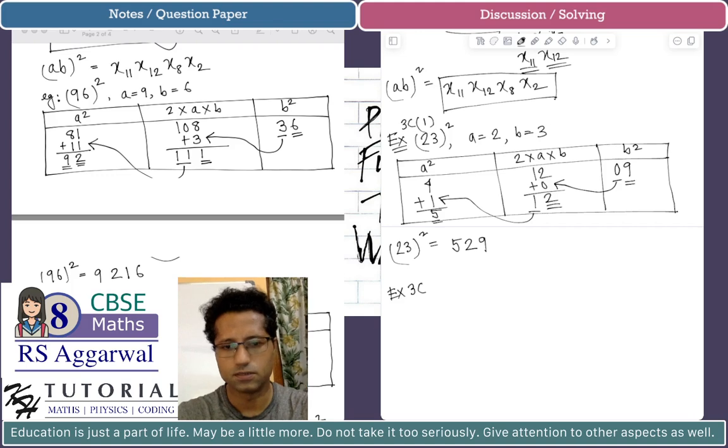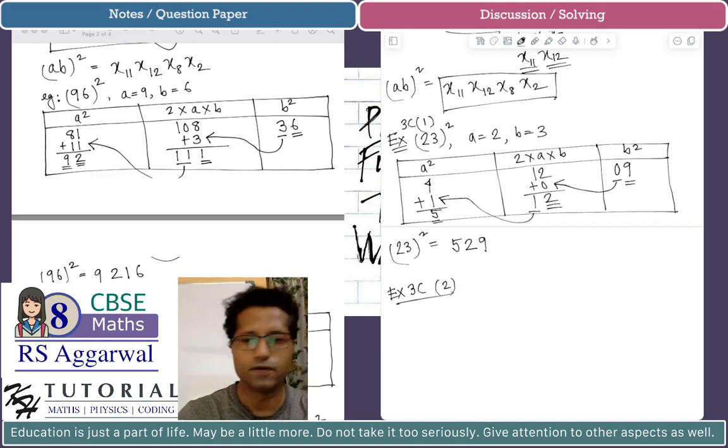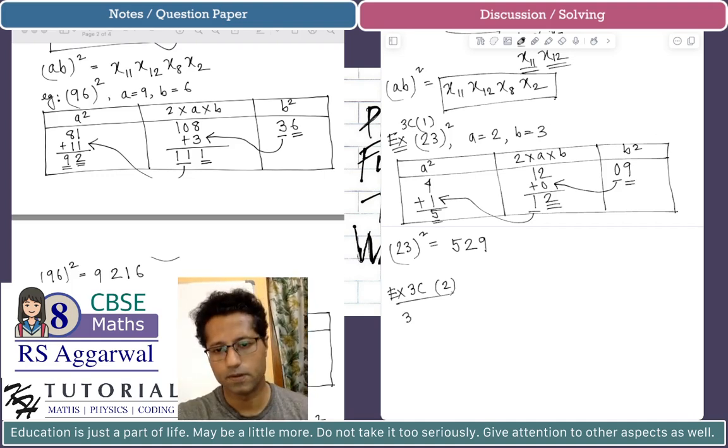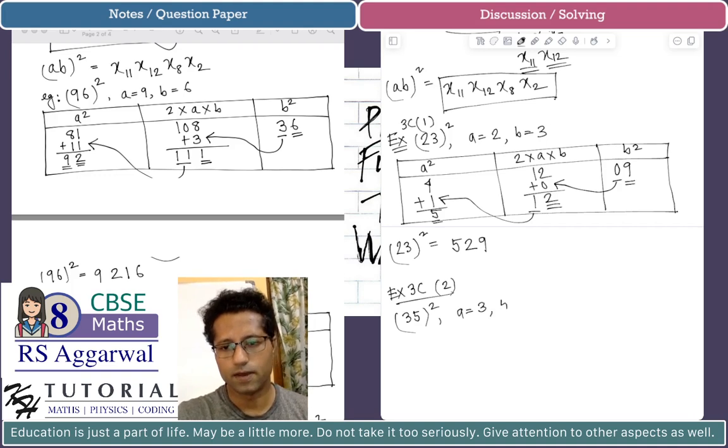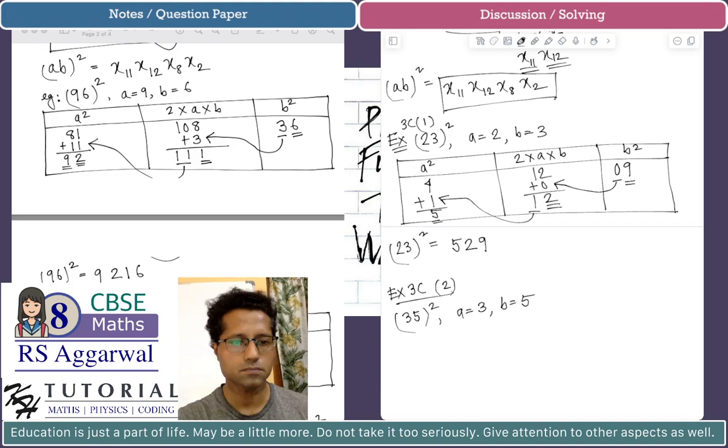Exercise 3C, let's solve problem number 2, which is squaring of 35. We have to find 35 square. So over here we can see A equals 3 and B is equal to 5. Okay.